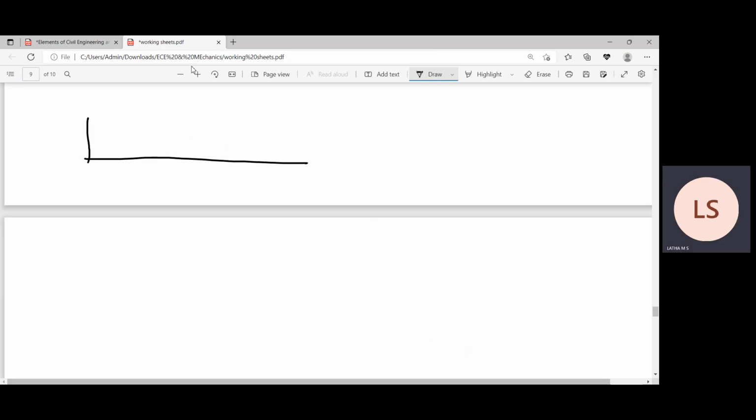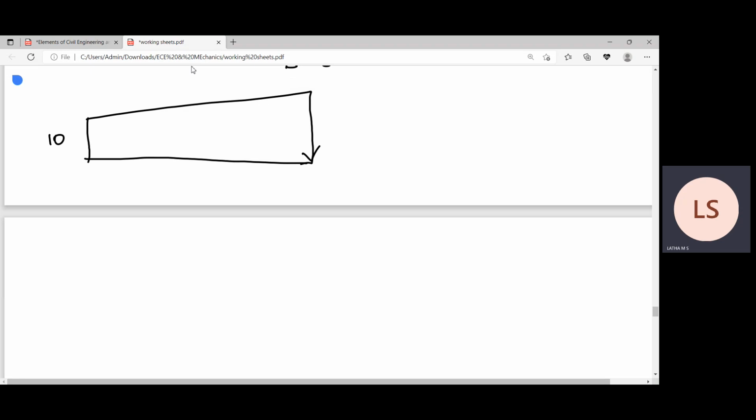This is 10 kilonewton per meter, and this is 30 kilonewton per meter. I can divide it over the 5 meters into 2 parts.